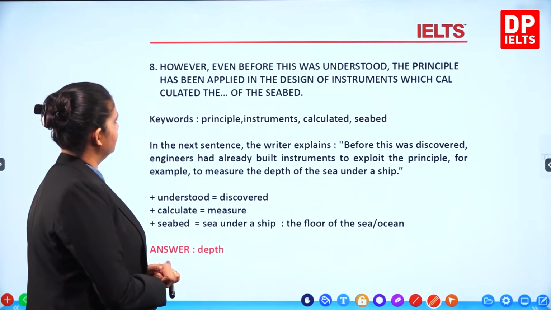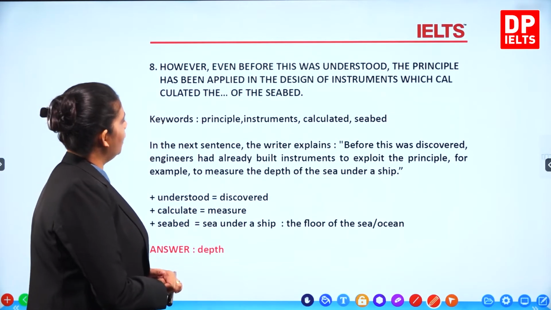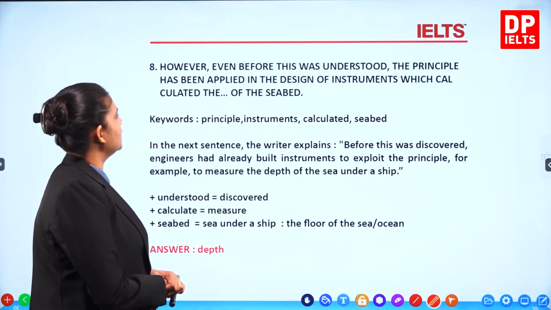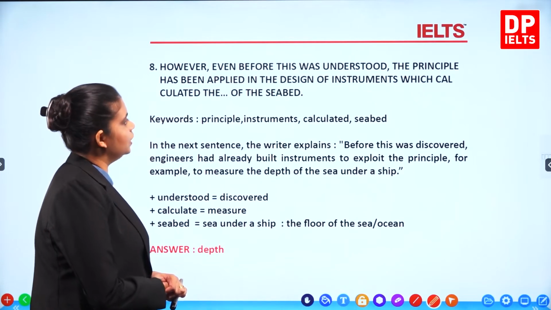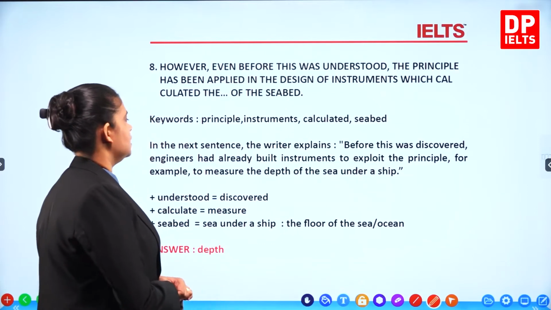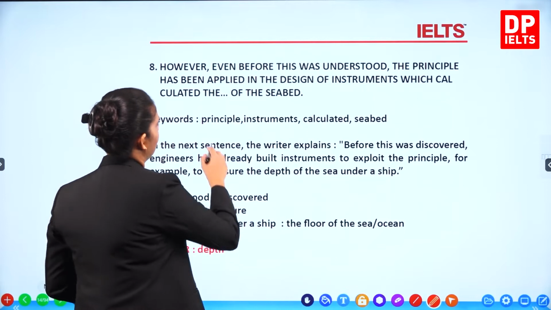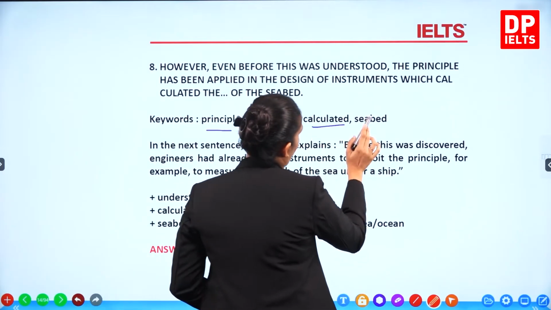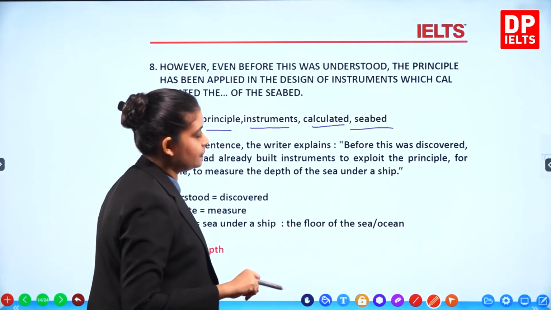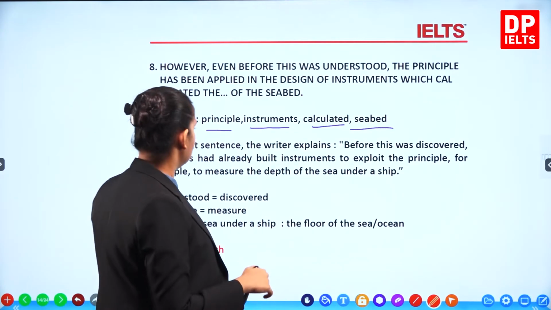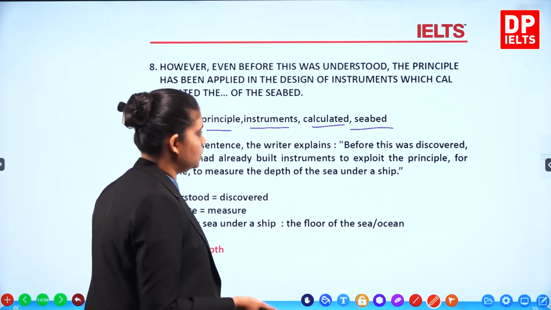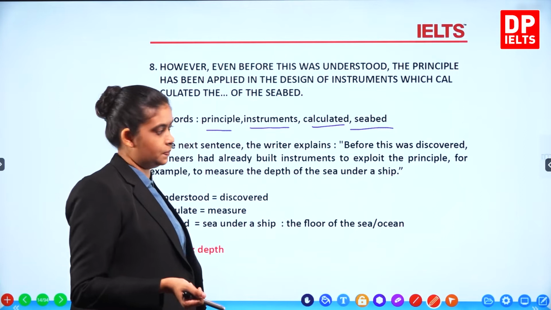Question 8. Right? So, however, even before this was understood, the principle has been applied in the design of instruments which calculated the blank of seabed. So, keywords: principle, instruments, calculated, seabed. In the next sentence, the writer explains, before this was discovered, engineers had already built instruments to exploit the principle.